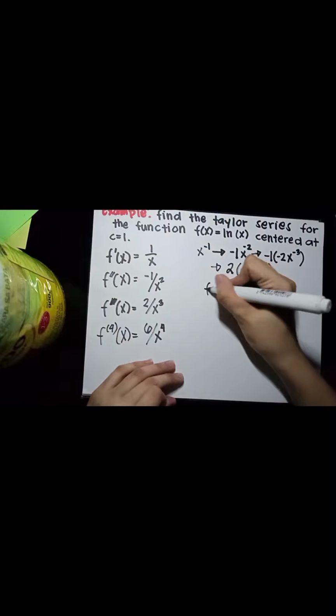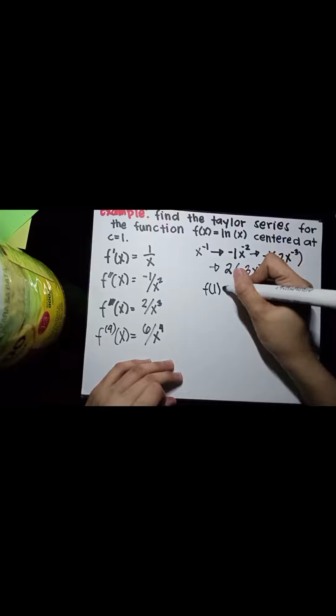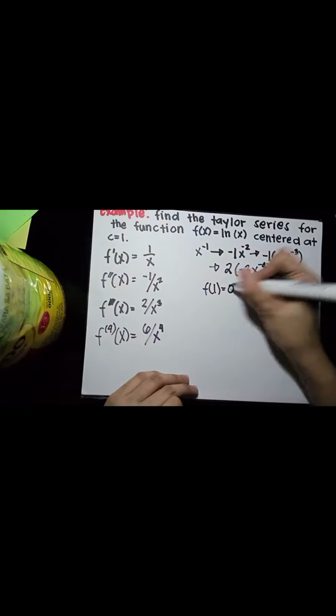So to evaluate the function and the derivatives at c, f of 1: the natural log of 1 is equal to 0.